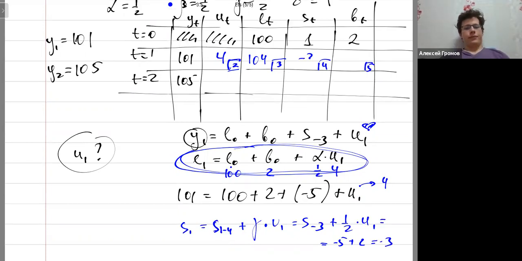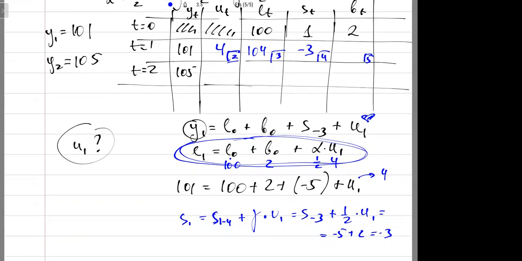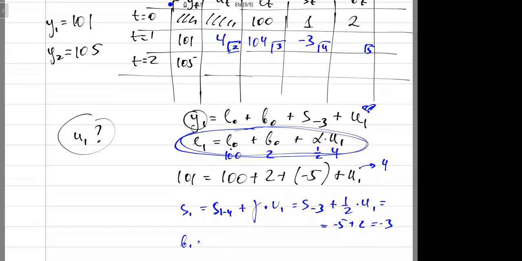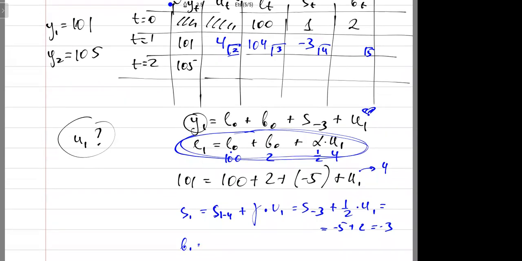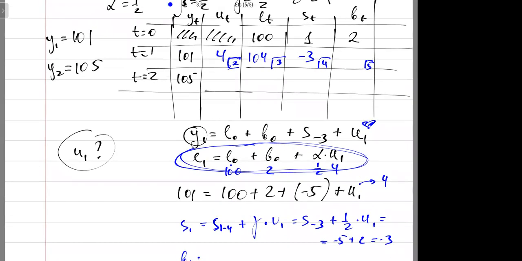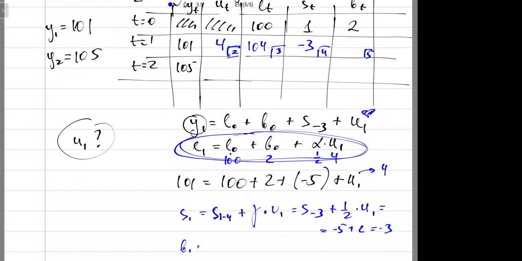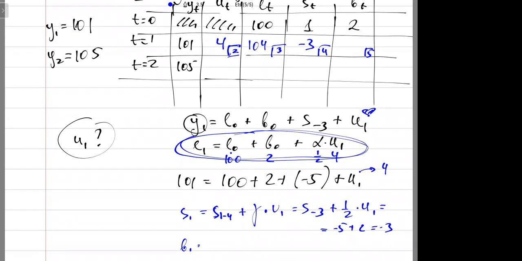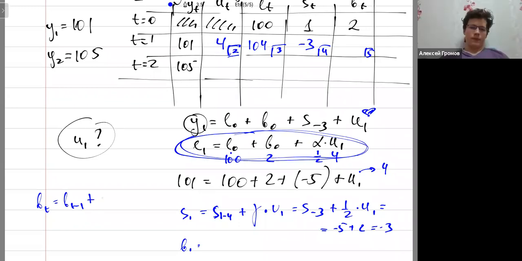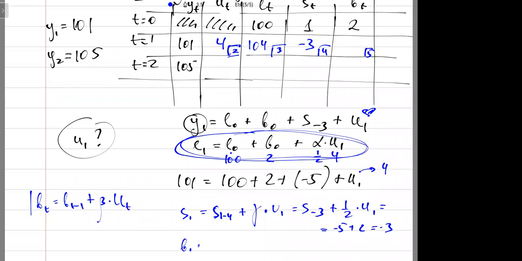So we have minus 3. Who can calculate B1? What is the equation for B1? I have copied it in the Telegram chat: Bt is Bt minus 1 plus beta times Ut. So in our model without noise, we have constant trend.